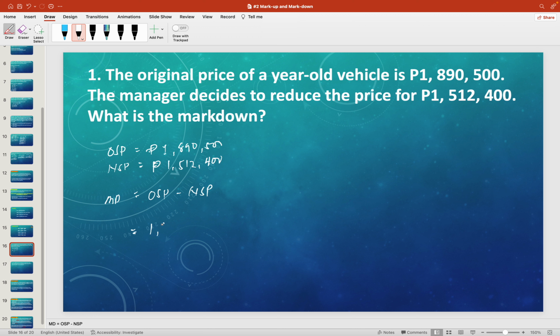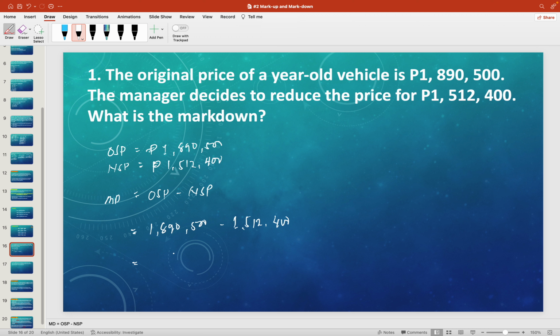We have 1,890,500 minus the new selling price natin, 1,512,400. So, in your calculator, 1,890,500 minus 1,512,400.